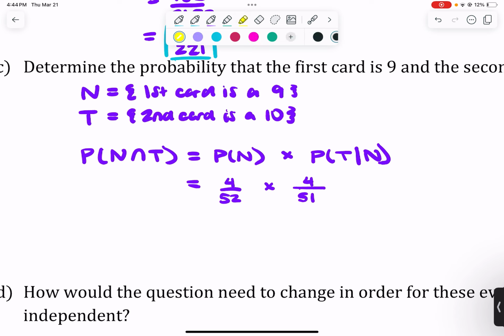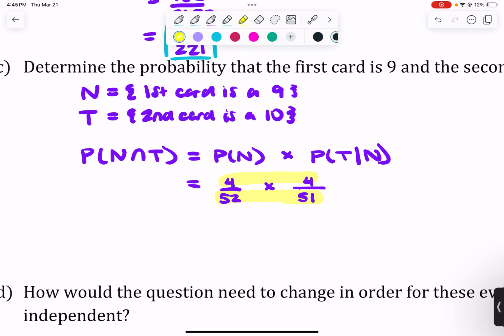Now this example is very important because in all the previous ones, we noticed that both the numerator and denominator decreased by 1 as we went on. And that only happened because I'm looking for the same thing twice. But if I'm looking for different things, I won't notice that numerator decreases because I'm looking for 2 separate things.